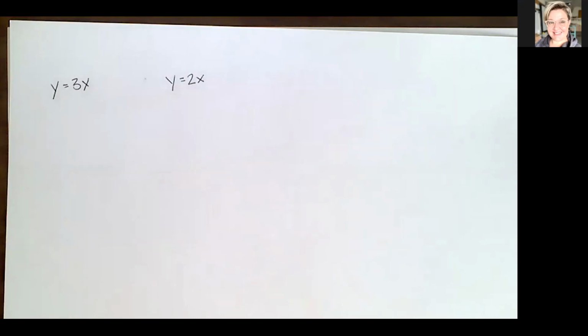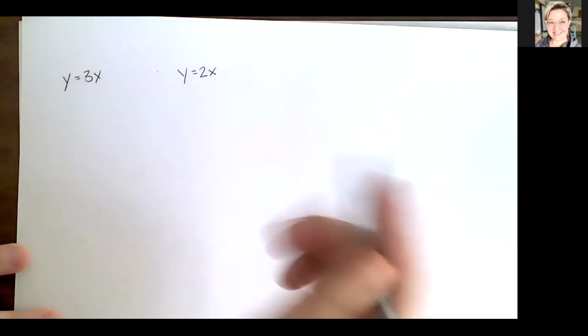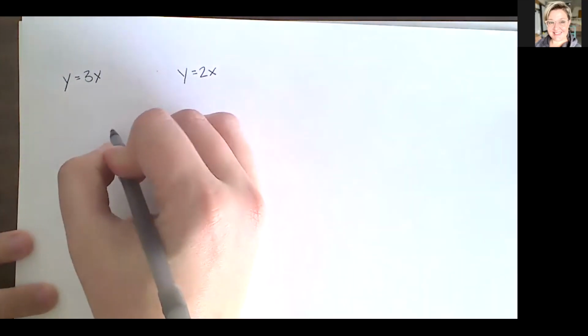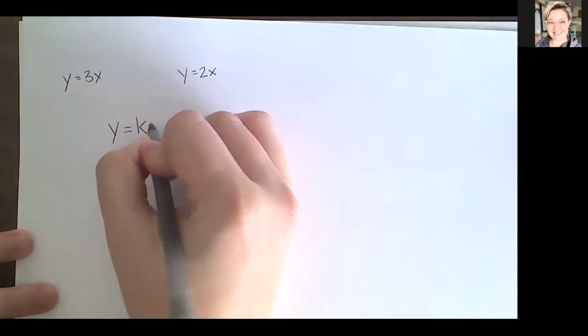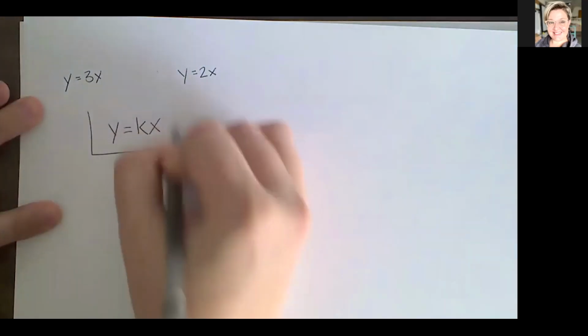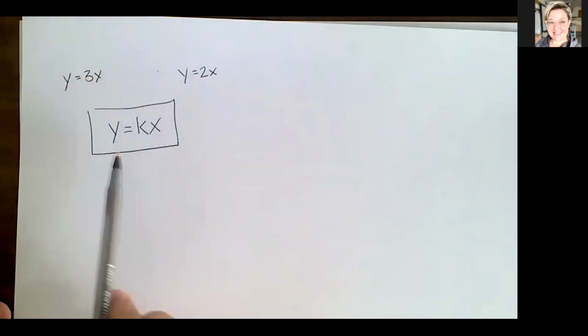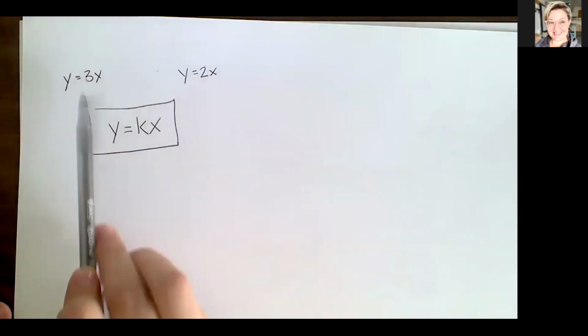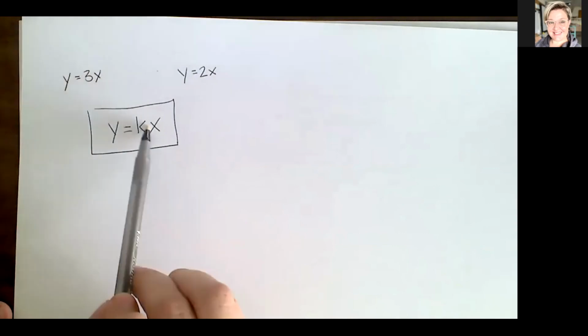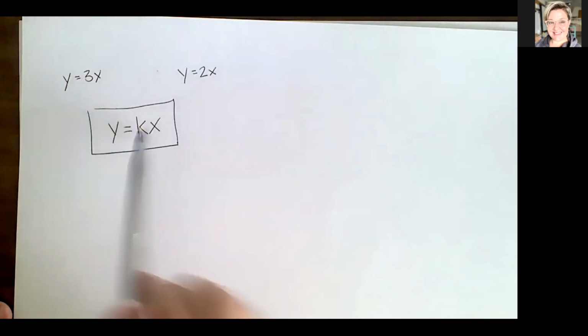When we want to determine whether an equation shows a proportional relationship between x and y, we have to see if it can be written as that original equation that we've been working with. You might remember that that is y equals kx. So we have to see, is it written in this format? Well, these two both are. Y equals k, the number we're looking for, times x.